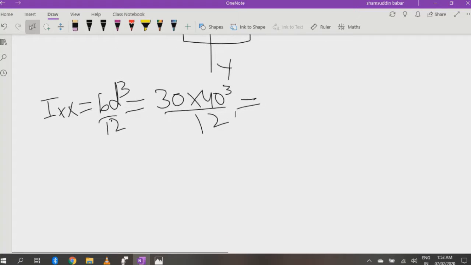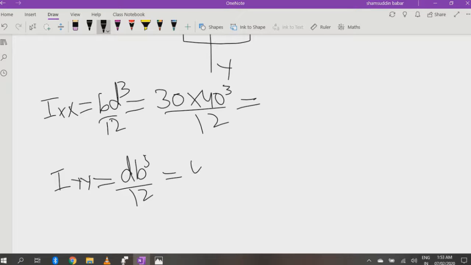Likewise, here Iy is equal to d b cube upon 12, 40 into 30 cube upon 12. Quite easier, you can calculate this from here.